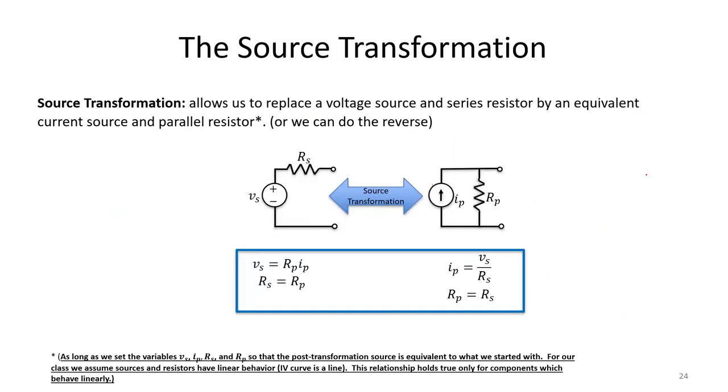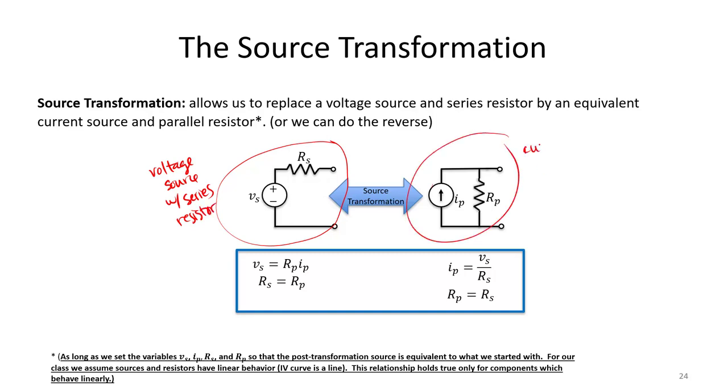All right, so that finally leads us to source transformation. Based on what we learned about IV curves, we have therefore shown that it is legal to replace a voltage source with series resistor, we can replace that with a current source with parallel resistor.